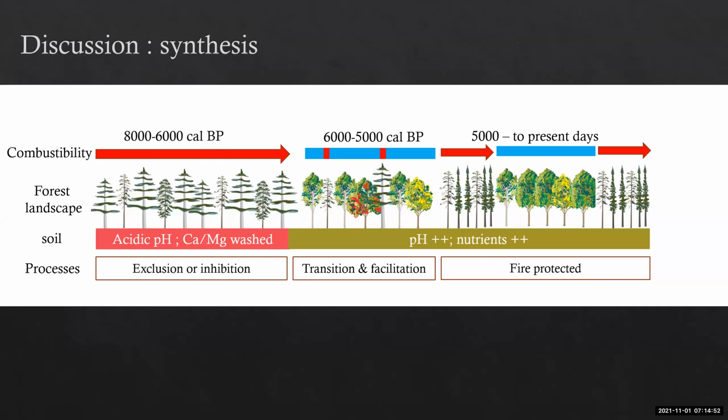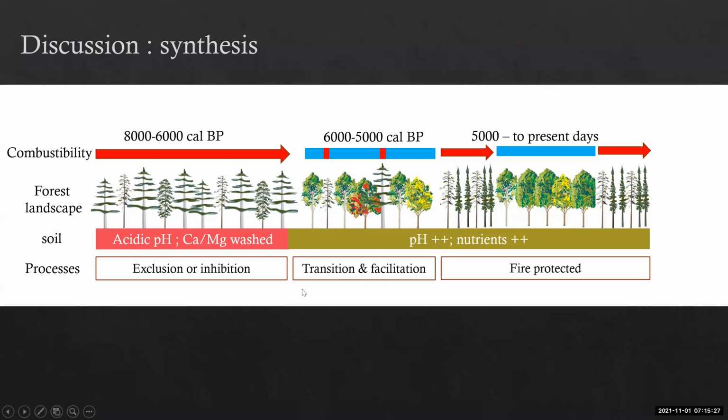So it affects soil nutrient availability, and there is a bitter soil which is excluding Acer saccharum seedling growth, and so on. So during this first period, there is high combustibility in the landscape, and there is not such a good soil for Acer saccharum to establish in the north.